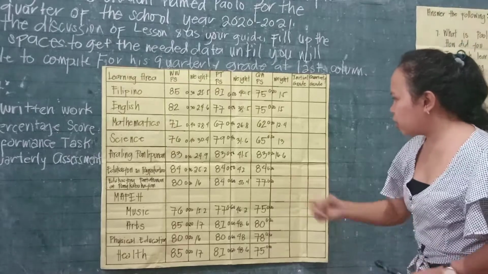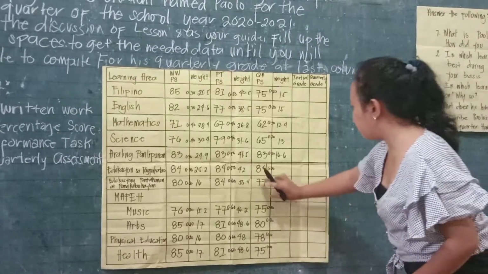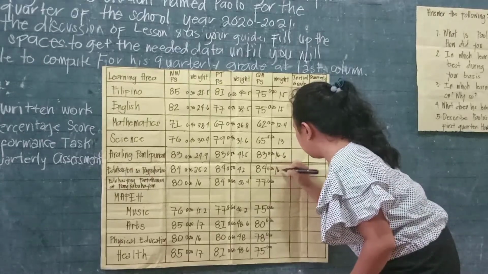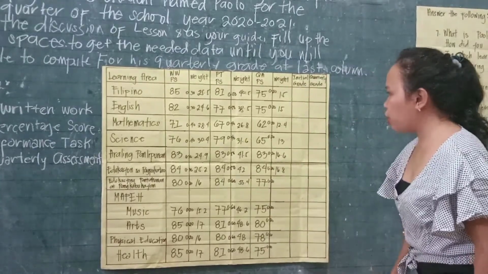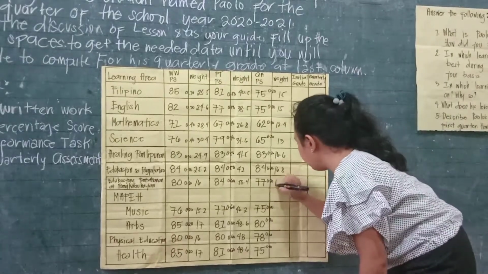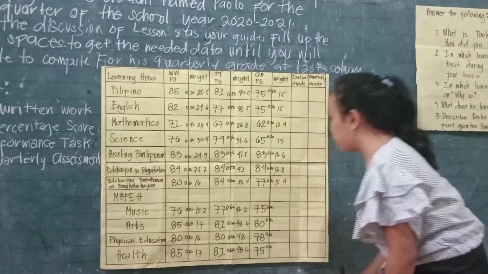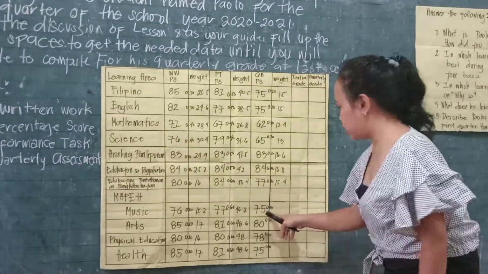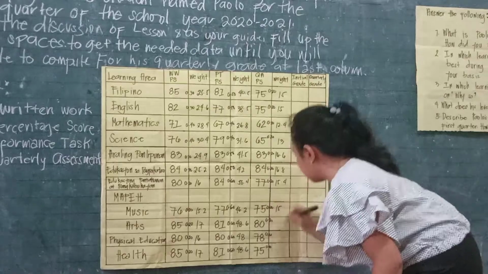And Edukasyon sa Pagpapakatao, we have 84 times 0.20, we have 16.8. Edukasyon Pantahanan at Pangkabuhayan, 77 times 0.20, we have 15.4. In music, we have 75 times 0.20 is 15.